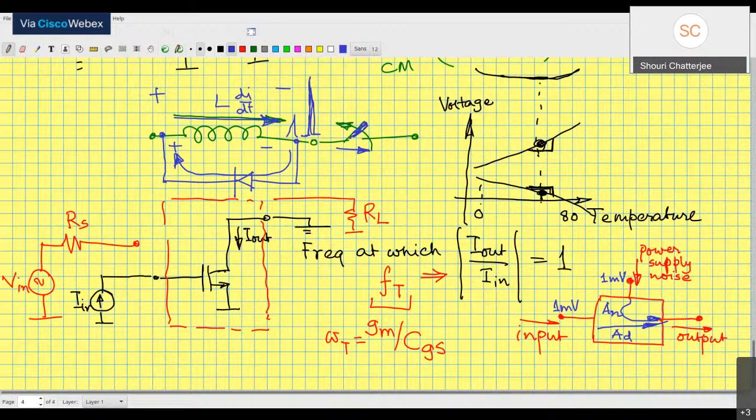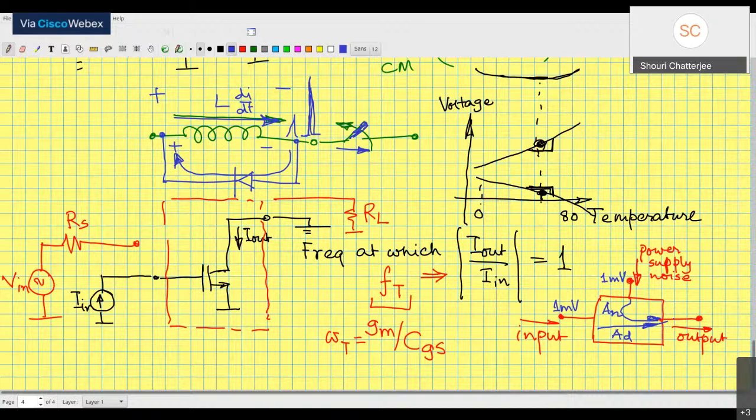Okay. The question is, what kind of input will overcome the noise? What should be the input, or rather what is the minimum input at which I will be able to overshadow the noise? Okay, that is the metric.